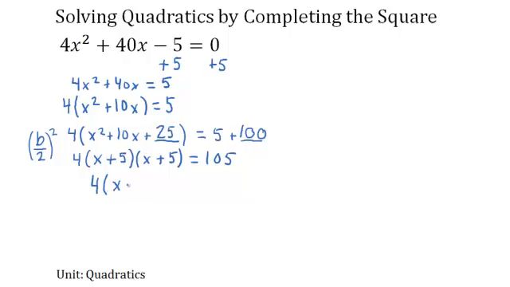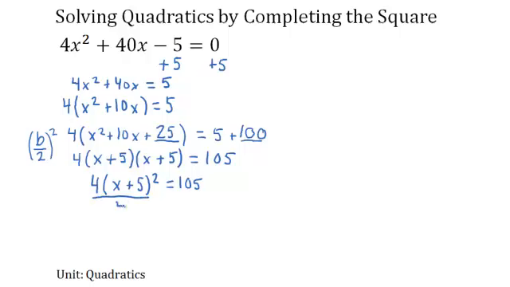Now we're going to use the power of 2 to simplify the left side into 4 times x plus 5 squared equals 105. And from here we are going to just solve, trying to get x by itself.